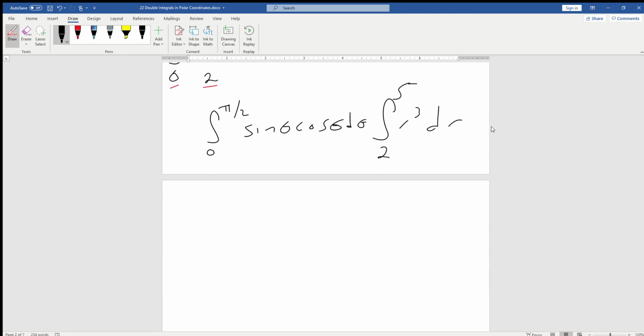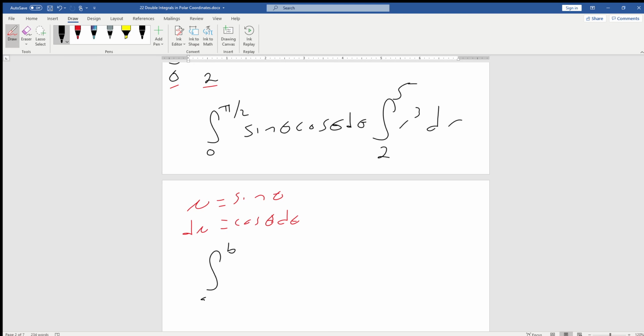Notice for the first factor of the integrals, we can just use a u substitution. U is sine theta, du is equal to cos theta d theta. So that's going to change our integral from a to b.